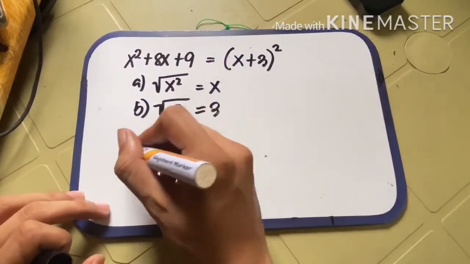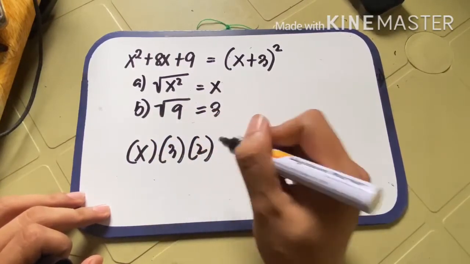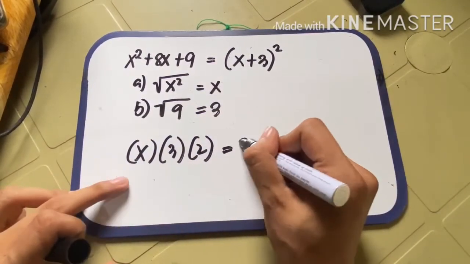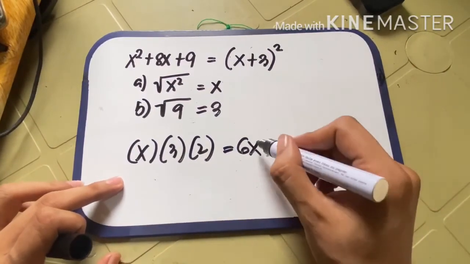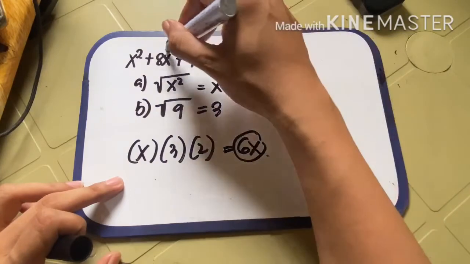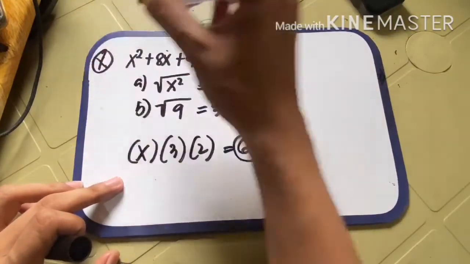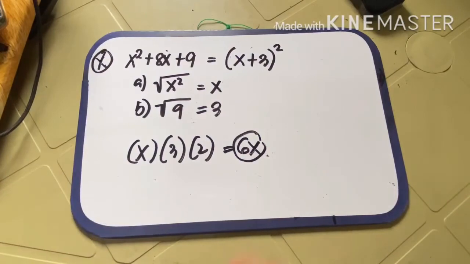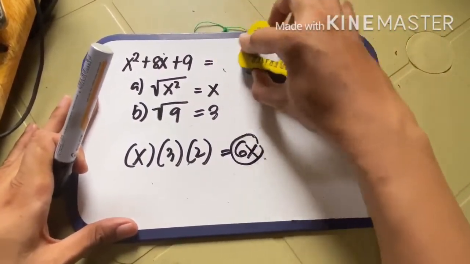Now let's check. x times 3 times 2. 3 times 2 is 6, times x, 6x. If you notice, these are not equal. Therefore, this is not a perfect square trinomial, and this is not the factor.